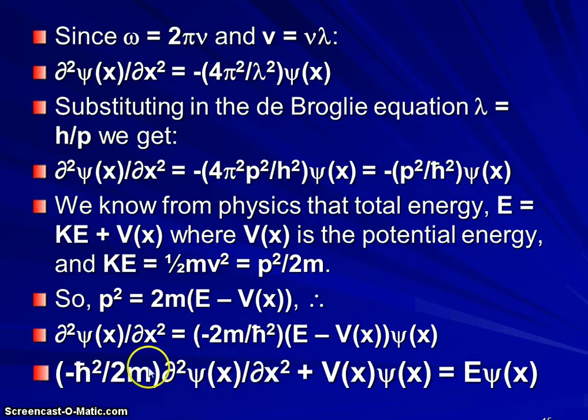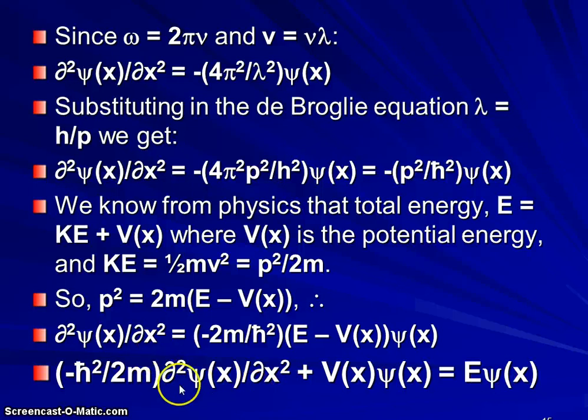So what we can do there is rearrange, and we'll say that negative h bar squared over 2m times the second derivative of the wave function, plus, we'll move the potential energy function over this side, plus potential energy times the wave function is the energy times the wave function.